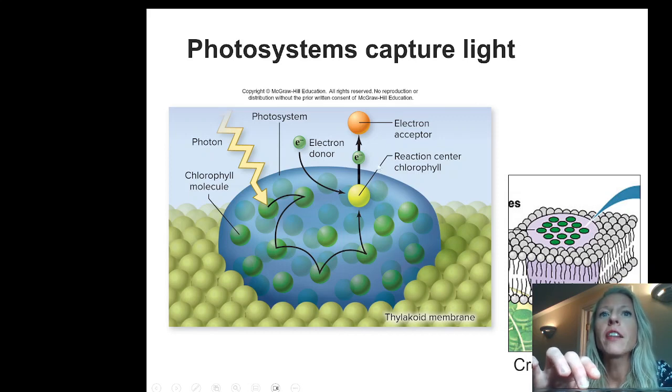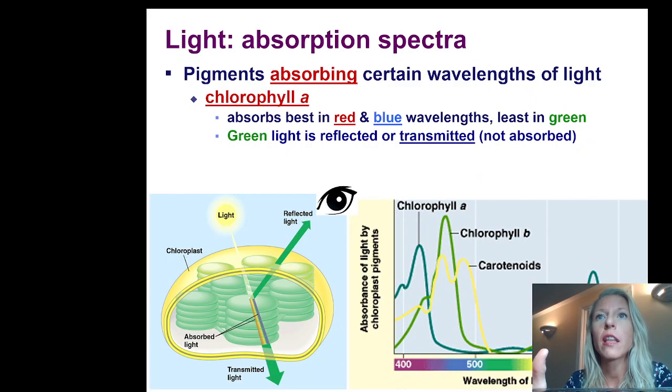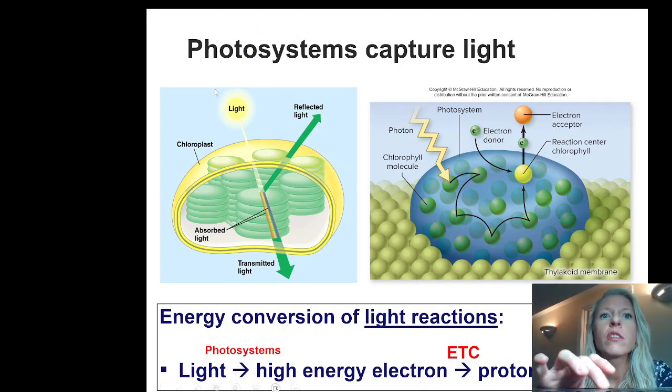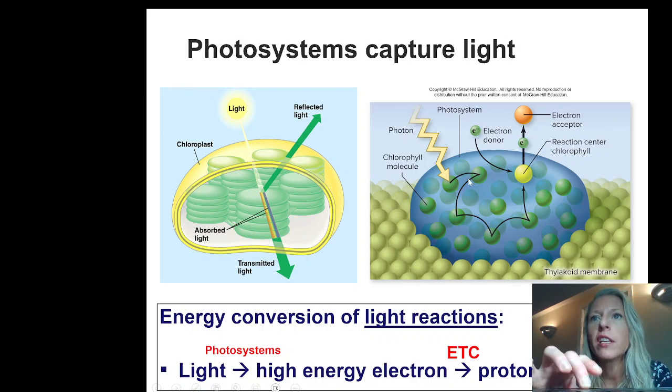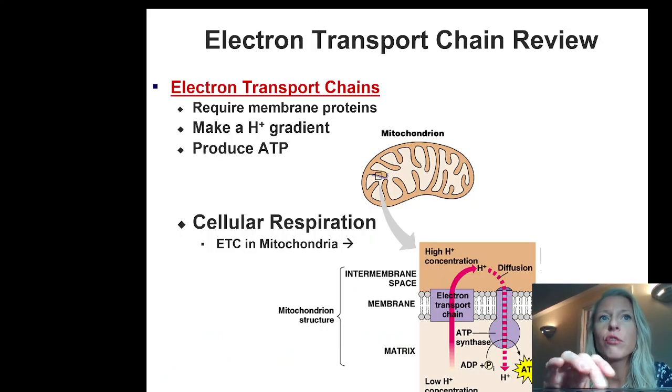Okay, and then once that primary electron acceptor is activated, that is going to activate the electron transport chain. Okay, so we have light coming in here, our primary electron acceptor.